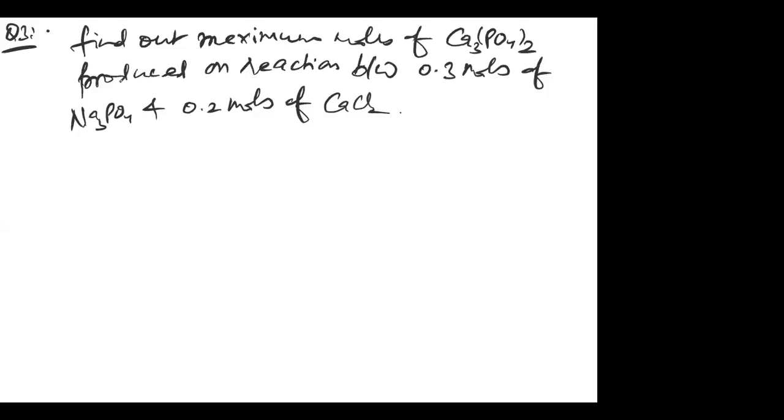So find out maximum moles of calcium phosphate produced on reaction between 0.3 moles of Na3PO4 and 0.2 mole of CaCl2.